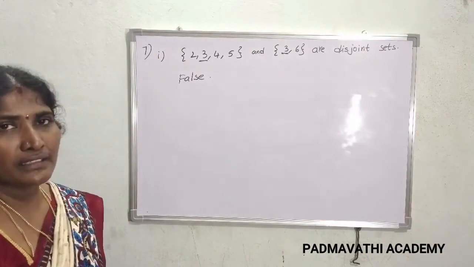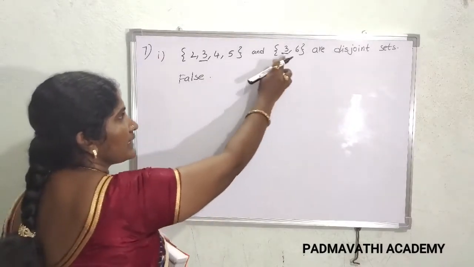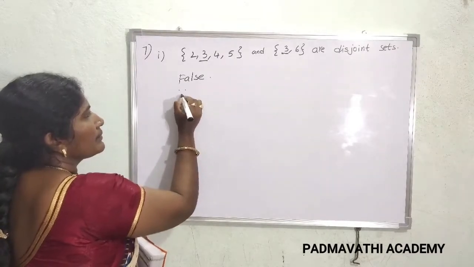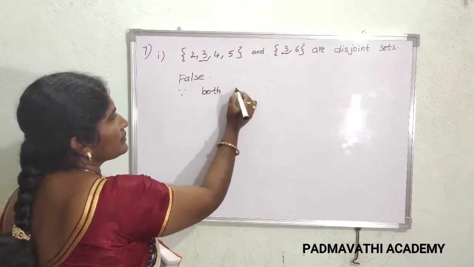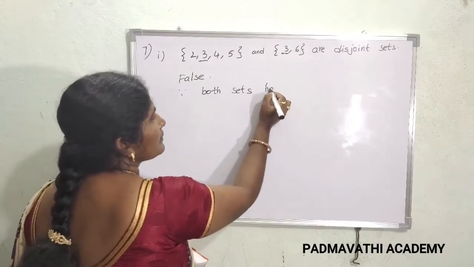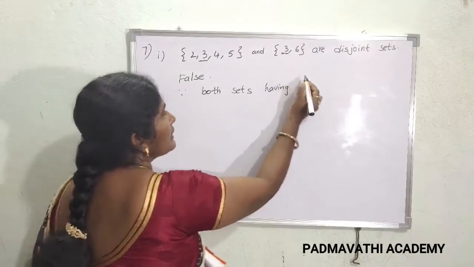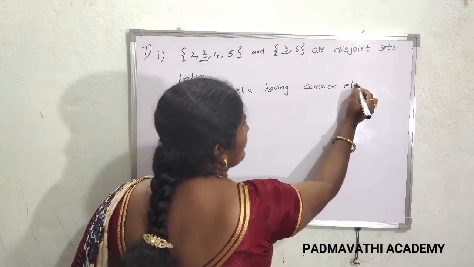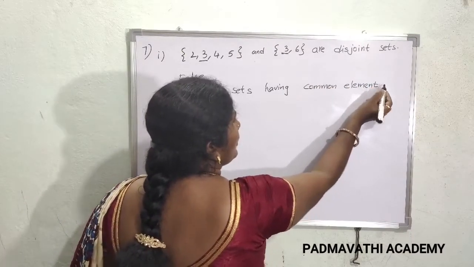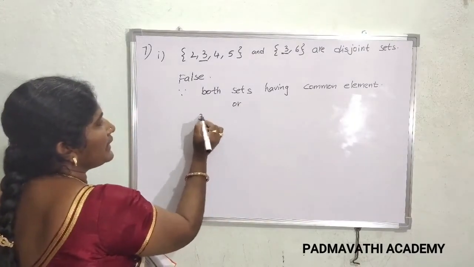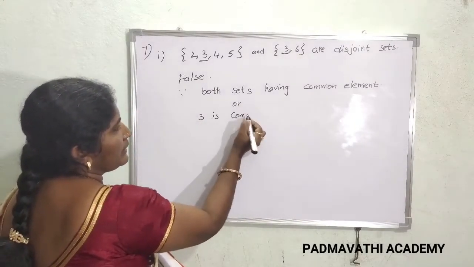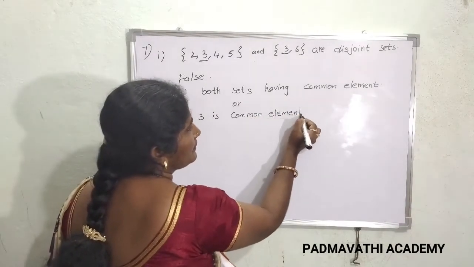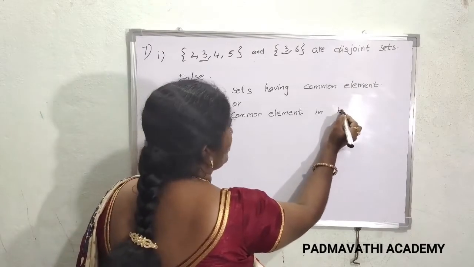Therefore, this statement is wrong, since both sets contain a common element, 3 is the common element in both sets.